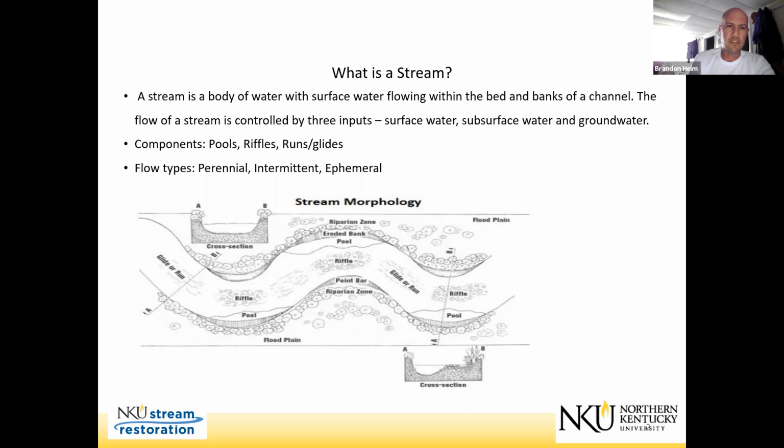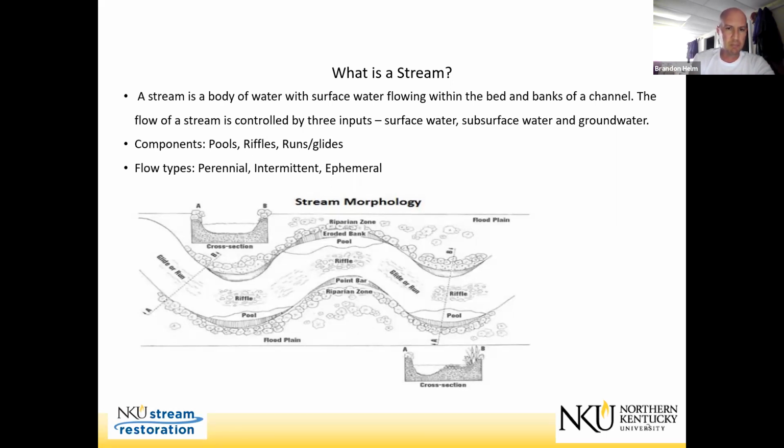And they consist of three major components: riffles, which are your shallow, fast water, exposed rock; runs, which is kind of a transition between a shallow area and the deeper pools. That's your third component, where water slows down. In Northern Kentucky, we have all three flow types. That's certainly a consideration we look at when doing this work.